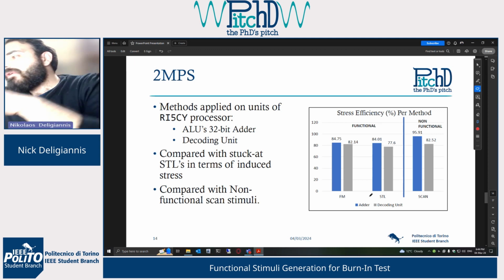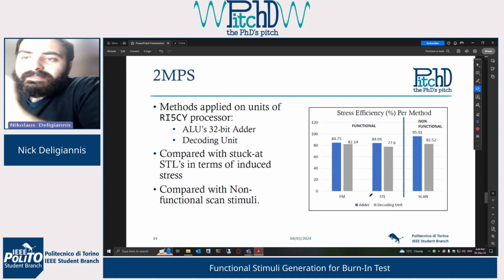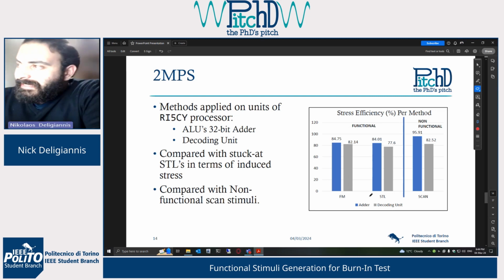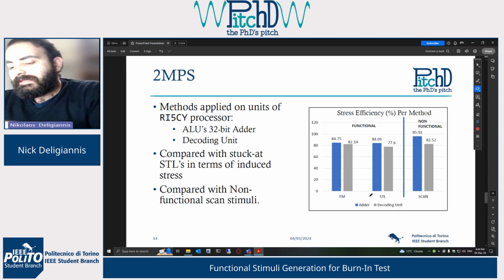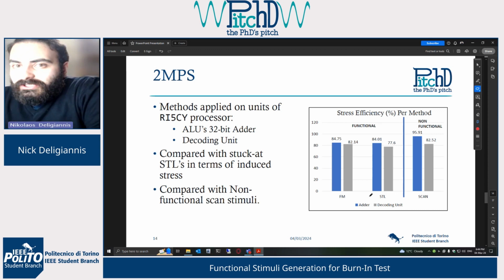But here we have also performed scan insertion. So we have converted the processor to the scan equivalent, and we have performed some ATPG. With the simulation of the ATPG generated patterns, we were able to find the highest switching induced by a non-functional scenario, so the non-functional approach.